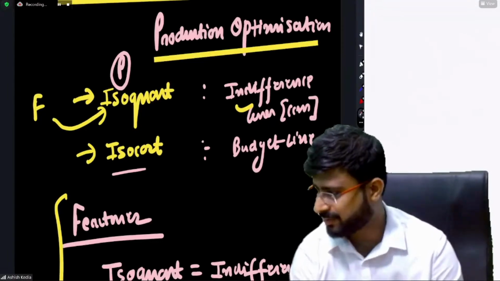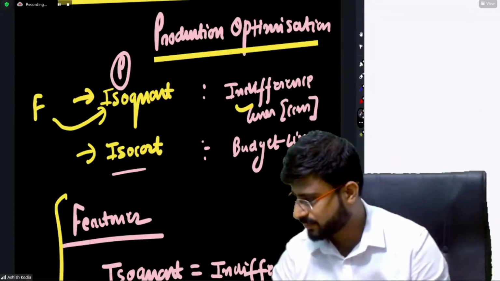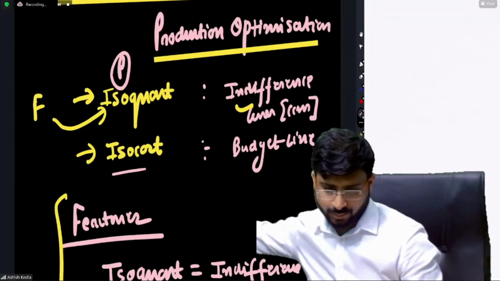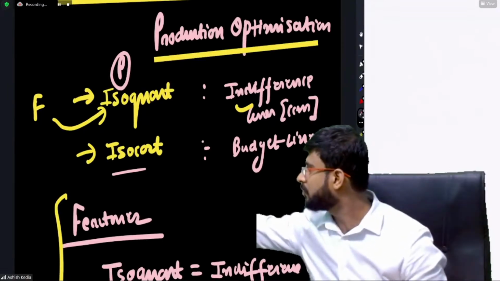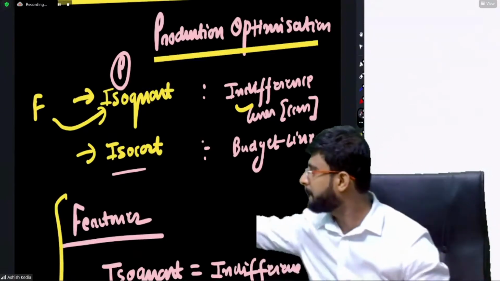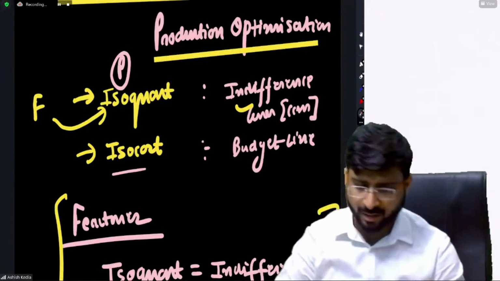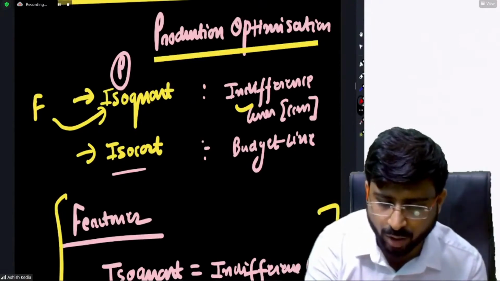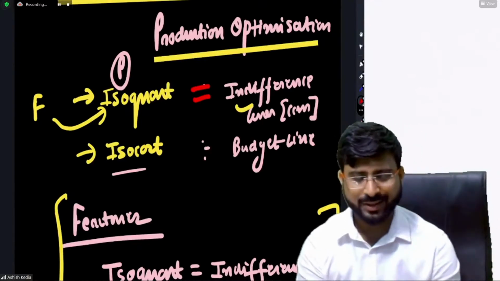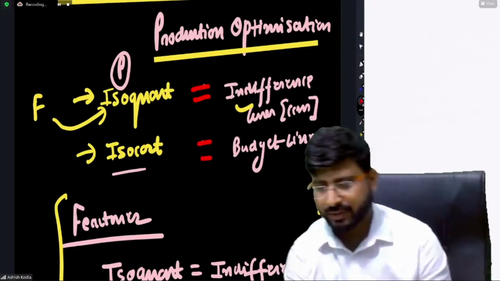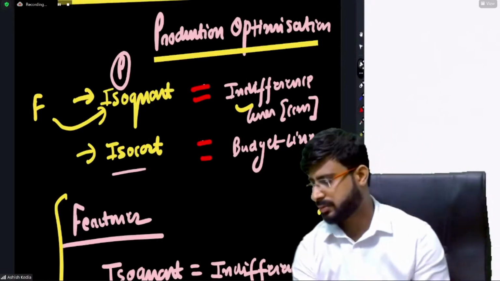Very, very good. So isoquant is similar to, as I had already mentioned, indifference curve. Isocost is similar to budget line. That is the point, everyone.